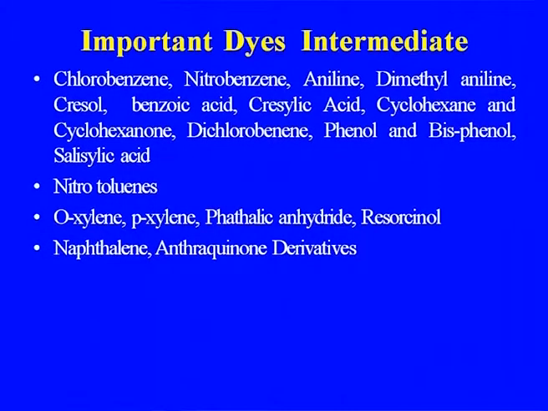Then nitrotoluenes, orthoxylene, paraxylene, phthalic anhydride, resorcinol, naphthalenes, anthraquinone derivatives. So these are the various intermediates, and the cost reduction in their manufacture has come only because of the coming of petrochemical complexes and petroleum refineries, from where we are getting the aromatics and other petrochemicals.